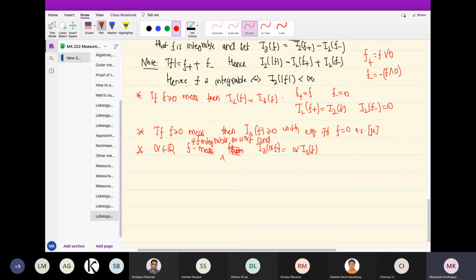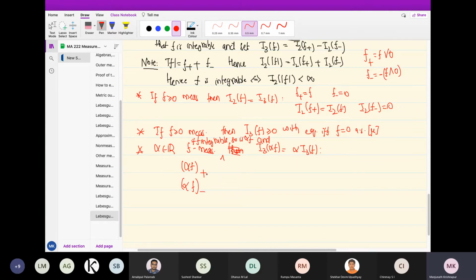Why is this true? This is easy actually. What is the positive part of alpha f? To calculate I3 of alpha f, I have to look at the positive and negative parts of alpha f. Are they related to the positive and negative parts of f, which determine I3 of f?